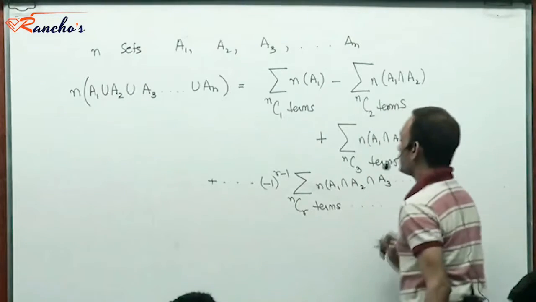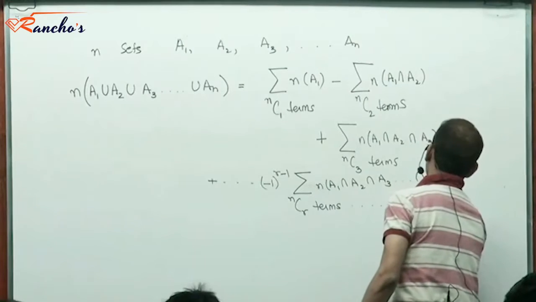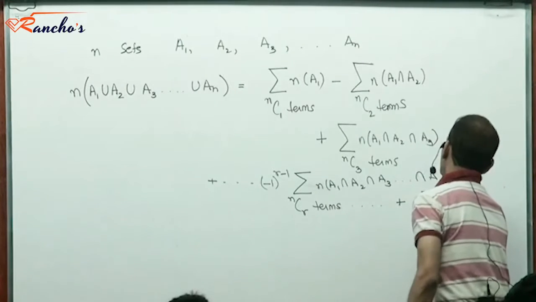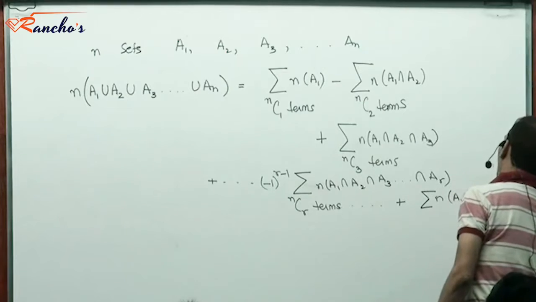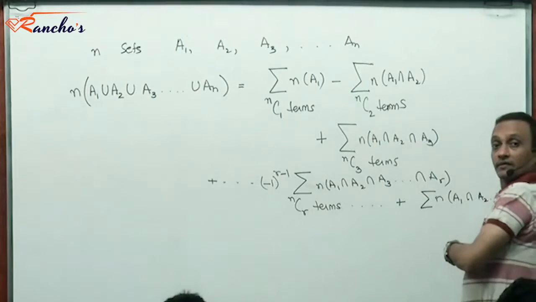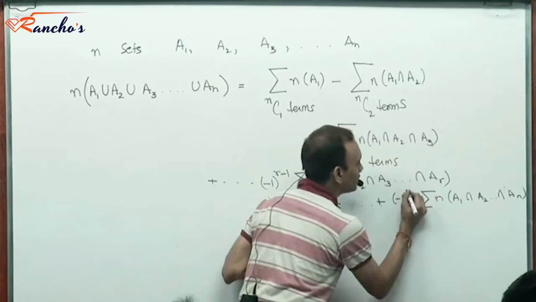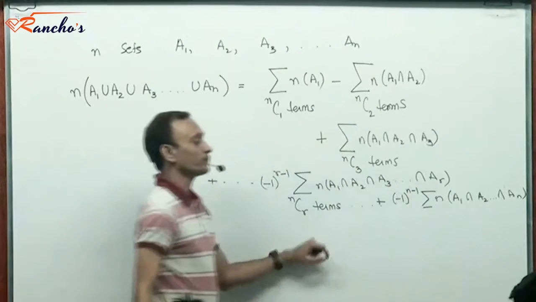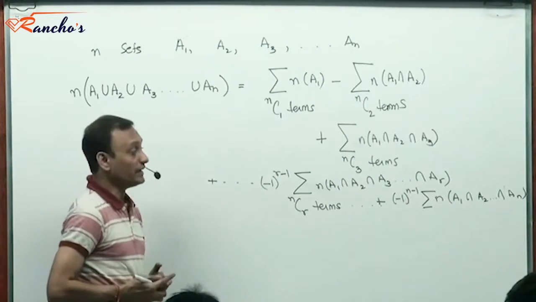Going this way. Eventually you have the last term, which can come even without the summation. Number of elements in A1 and A2 and An. Right? And the sign associated with this is going to be minus 1 to power n minus 1. Right?